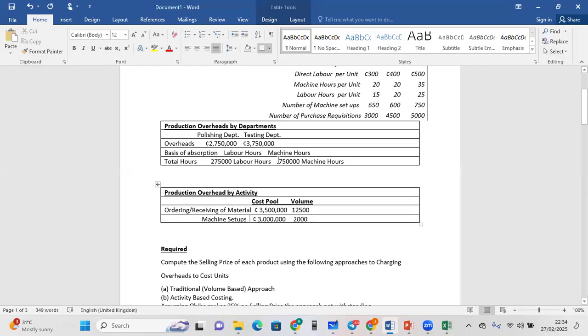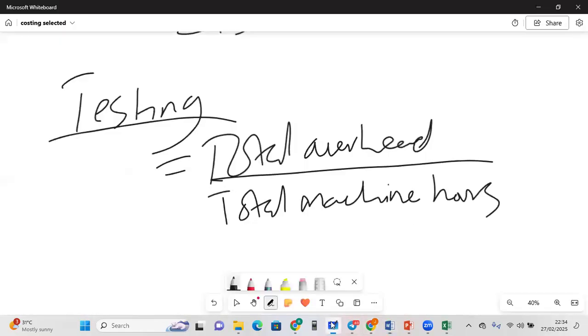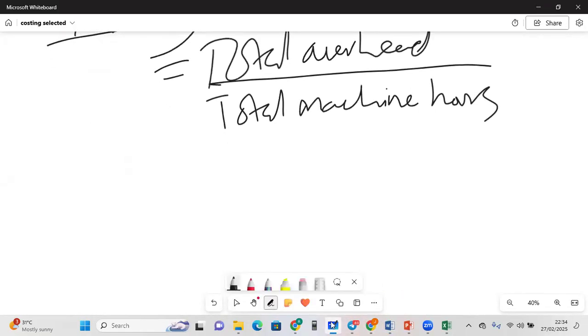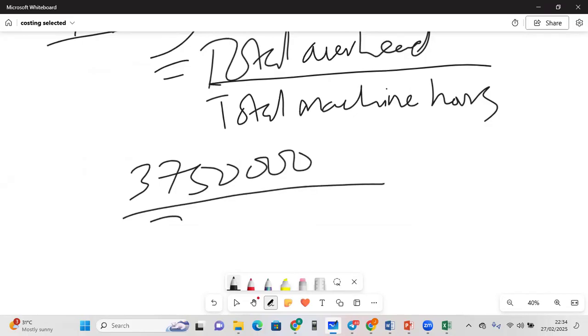So now machine hours is 750,000 here, and then the total overhead is 3,750,000. So it is going to be this all over 750,000.